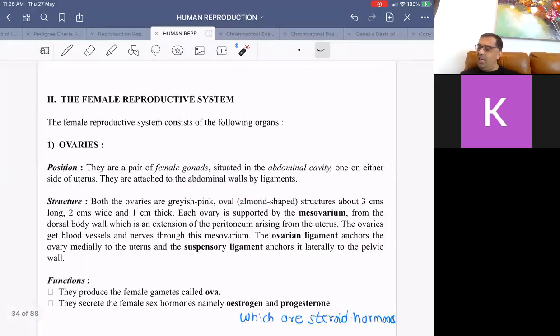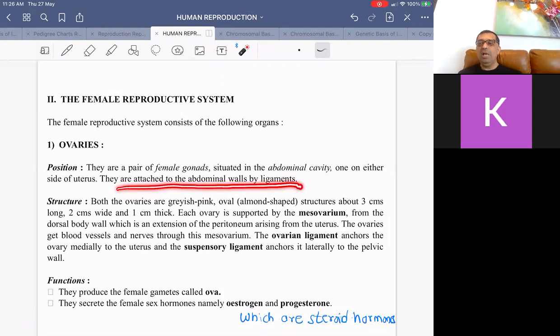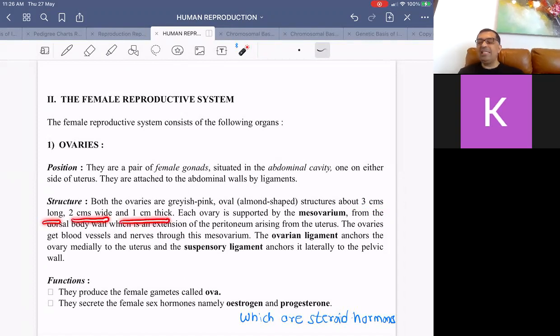The ovaries are attached to the abdominal walls by ligaments, and we'll talk about that. Ovaries are grayish pink, oval or almond shaped, and about 3 centimeters in length, 2 centimeters in width, and 1 centimeter in thickness. 3 by 2 by 1 centimeters in dimensions.